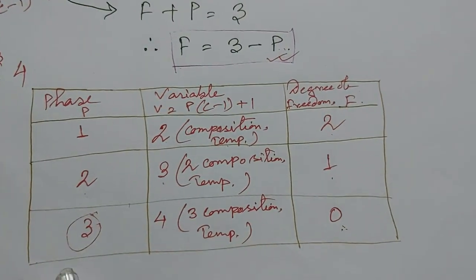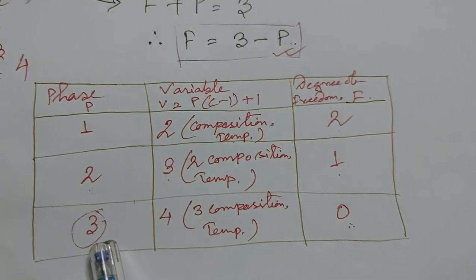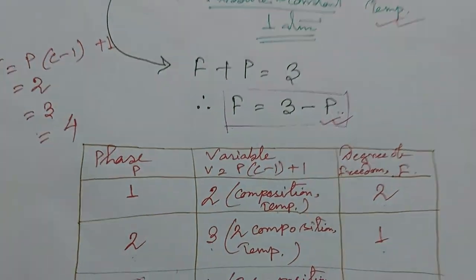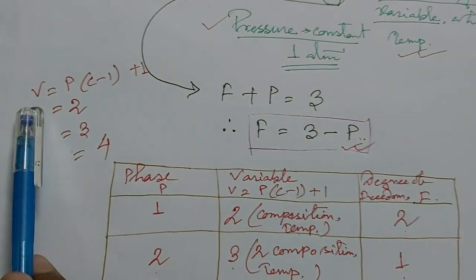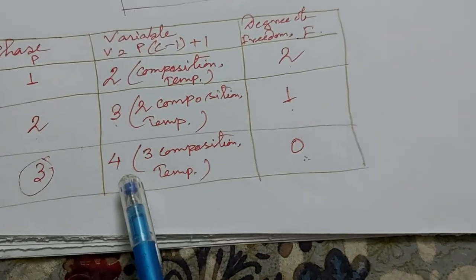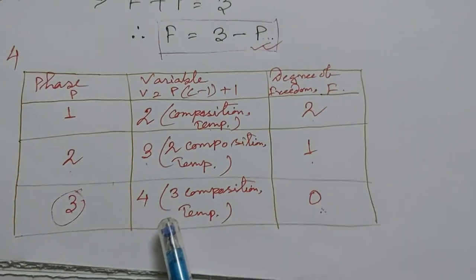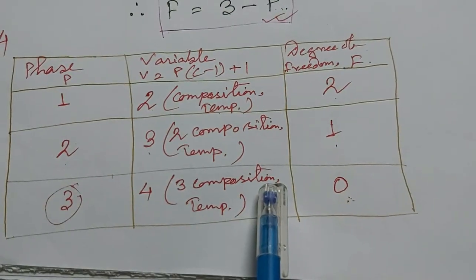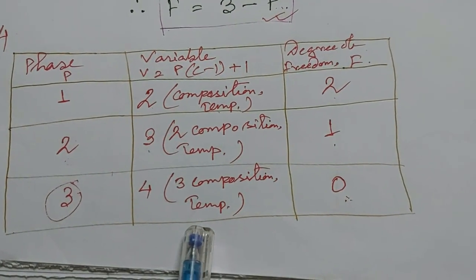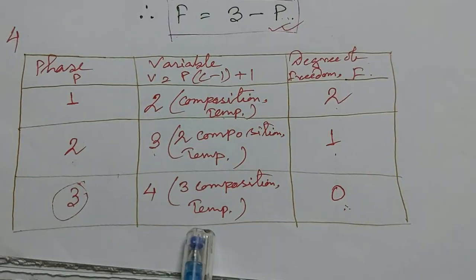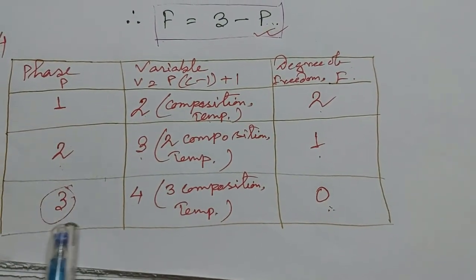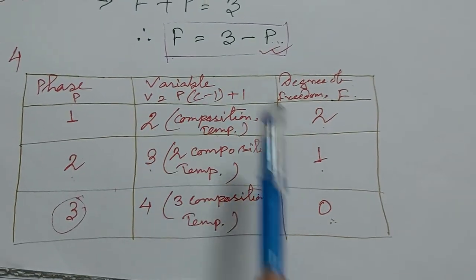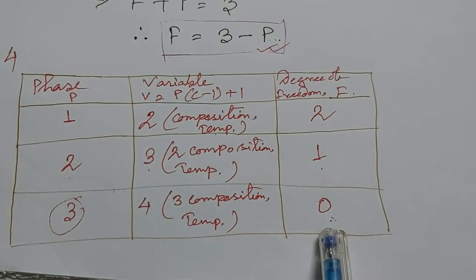Similarly, if number of phase is equal to 3, by putting the value of p in this formula, we will get v is equal to 4. What are the different variables? Here it is 3 composition variables and 1 temperature variable. And when we put the value of p in this formula, we will get f is equal to 0.